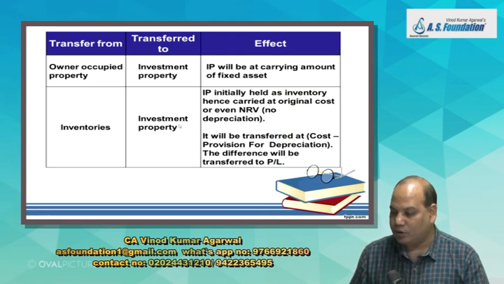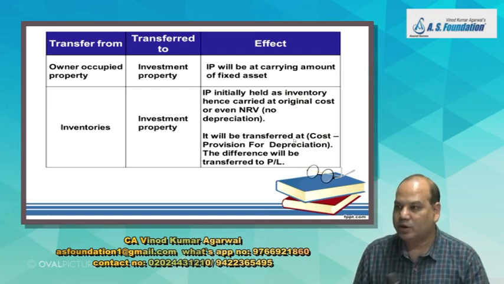But if you're going to convert it into investment property, it will be transferred at cost minus provision for depreciation. So if this inventory was purchased say 3 years ago, and now after 3 years you want to convert it into investment property, then you need to provide depreciation for those 3 years.